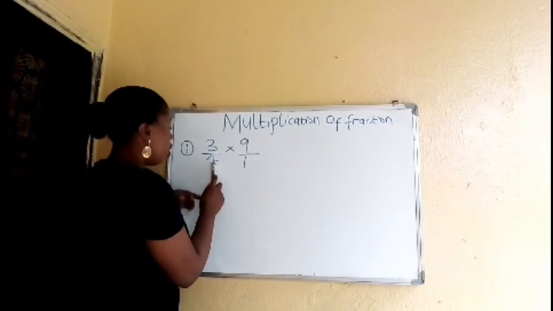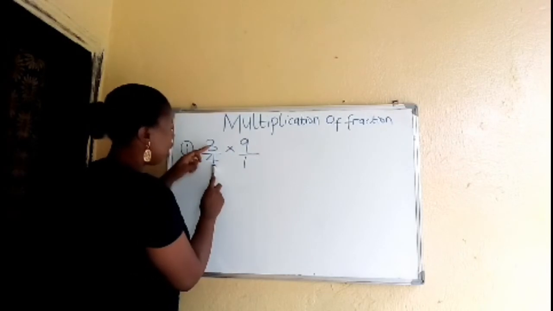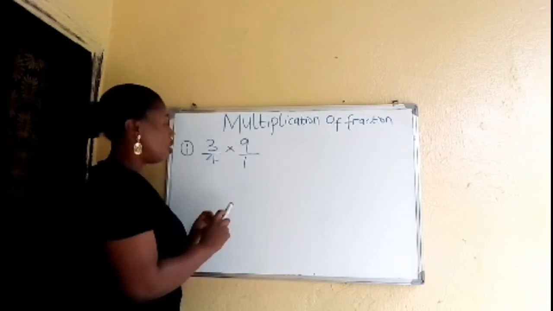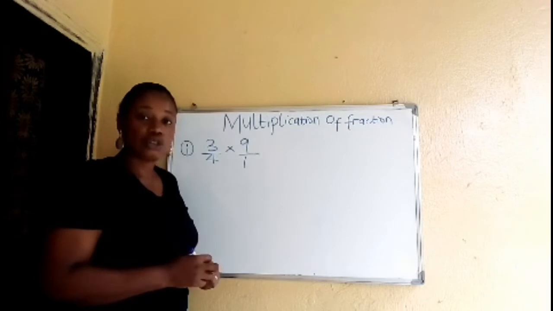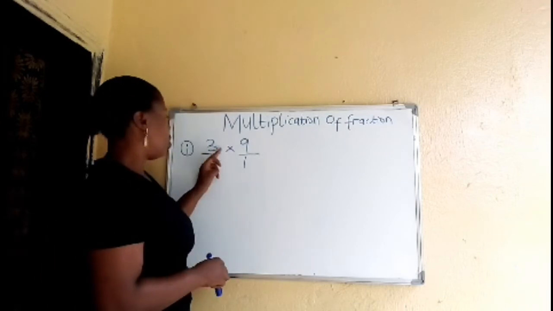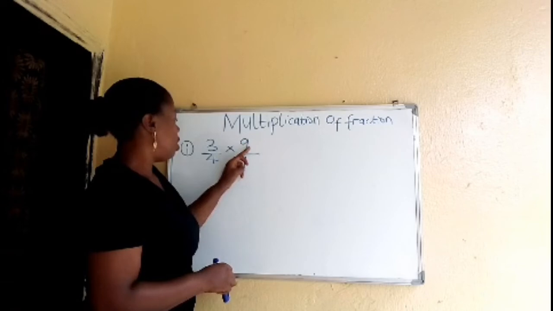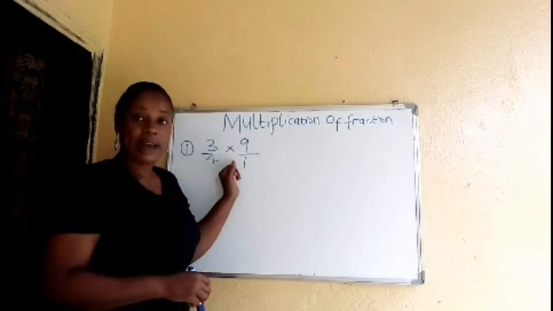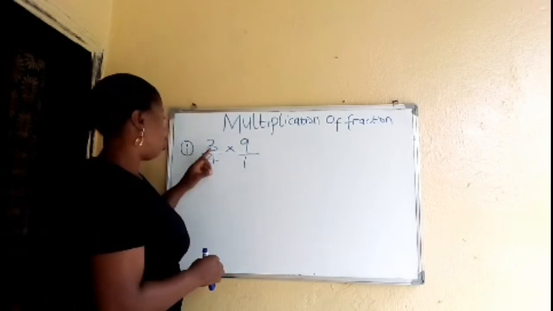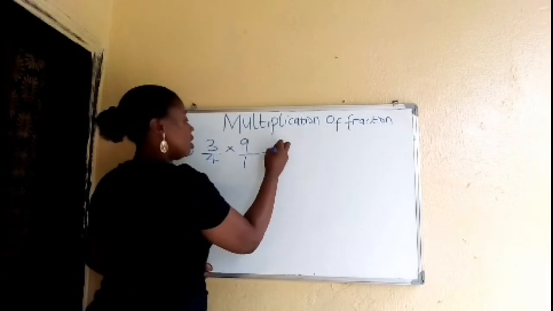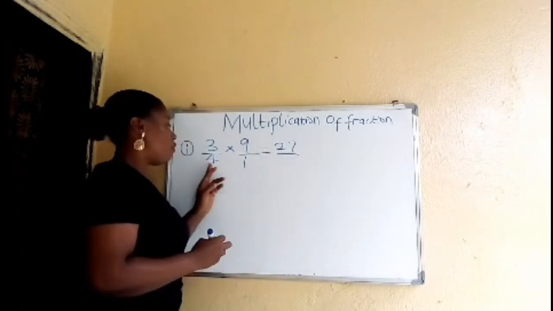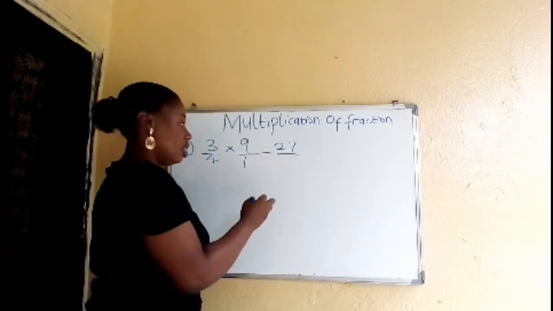This is 4. We don't have multiples of 4 here. So in this case, we multiply the fractions. We multiply the numerator by the numerator and the denominator by the denominator. So we say 3 times 9, we have 27. And 4 times 1 is 4.